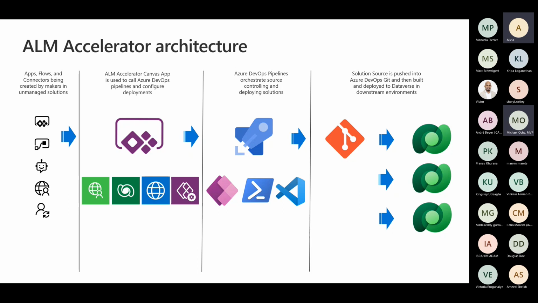None of that is necessarily required in order to use the pipelines, which take in all of that information and use it to deploy. But obviously the app provides that easy button layer, the UX interface, a non-context-switching interface where a maker who's working in the Maker Studio can just go to a Canvas app.